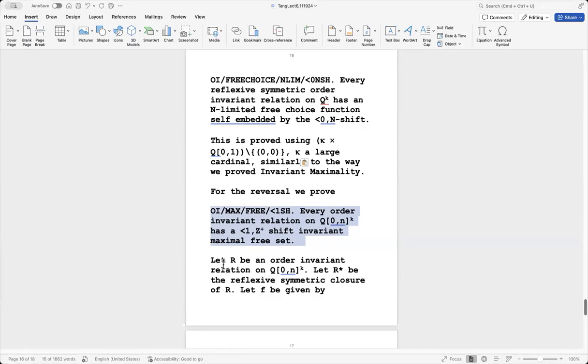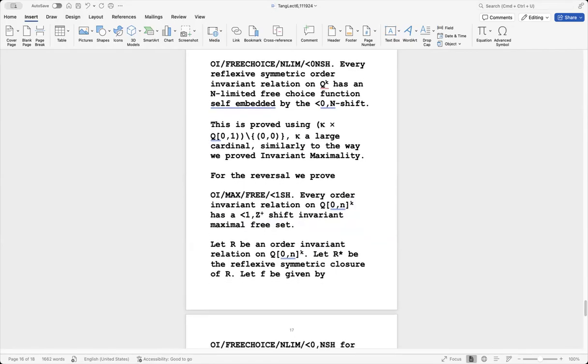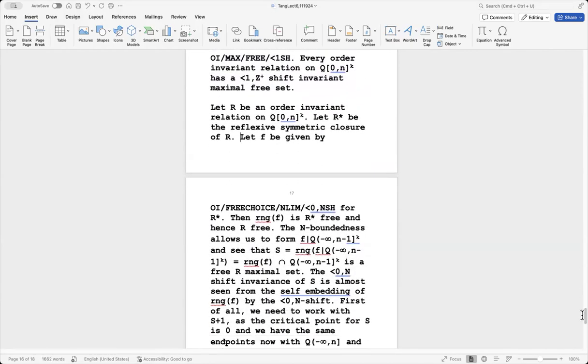All right, so how do we show that this statement follows from the free choice statement? Let R be an order invariant relation on Q0 n to the k. There's no harm in taking the reflexive symmetric closure of R. That doesn't change the free sets, by the way. Same free sets. Let F be given by the statement we're trying to reverse here.